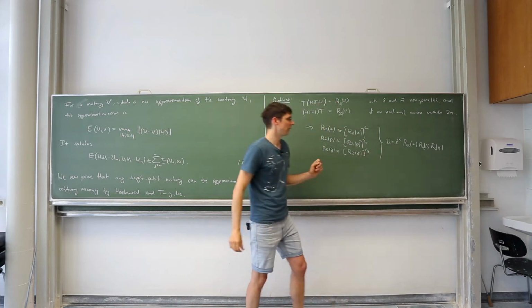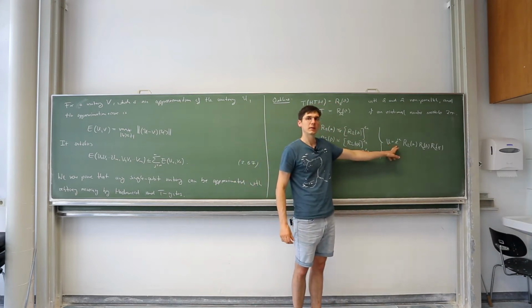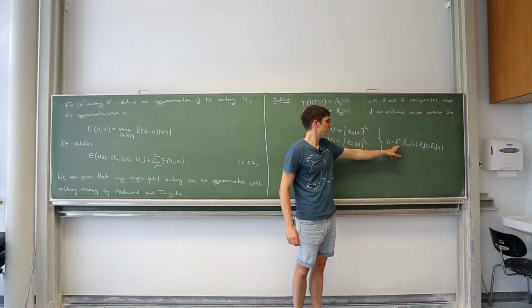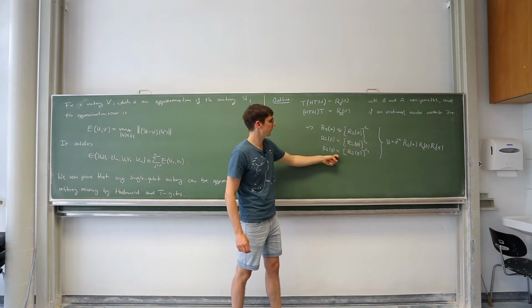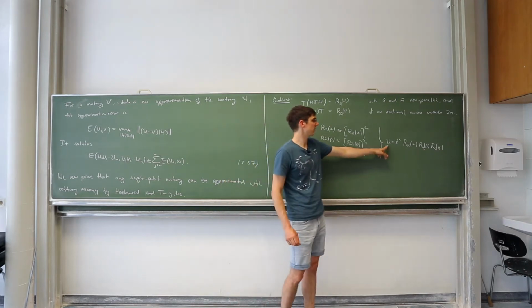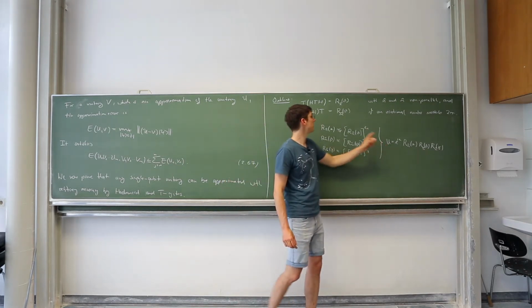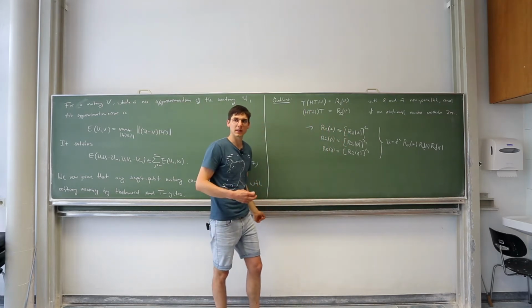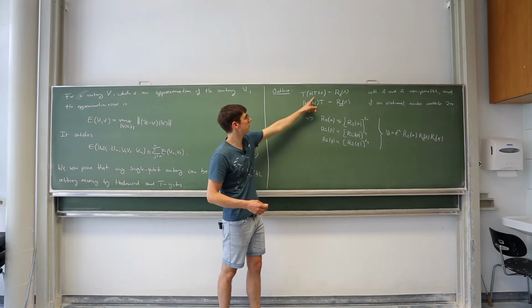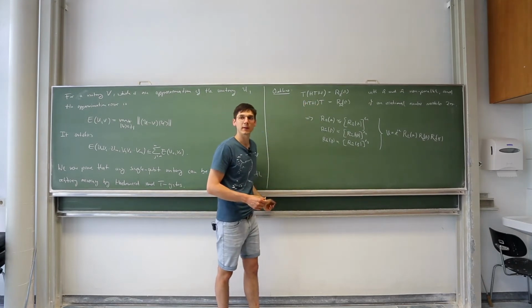And now you see that except for this arbitrary global phase, we can get this unitary simply by concatenations of Hadamard and T-gates. So this is the outline, and we start now with proving these two equalities.